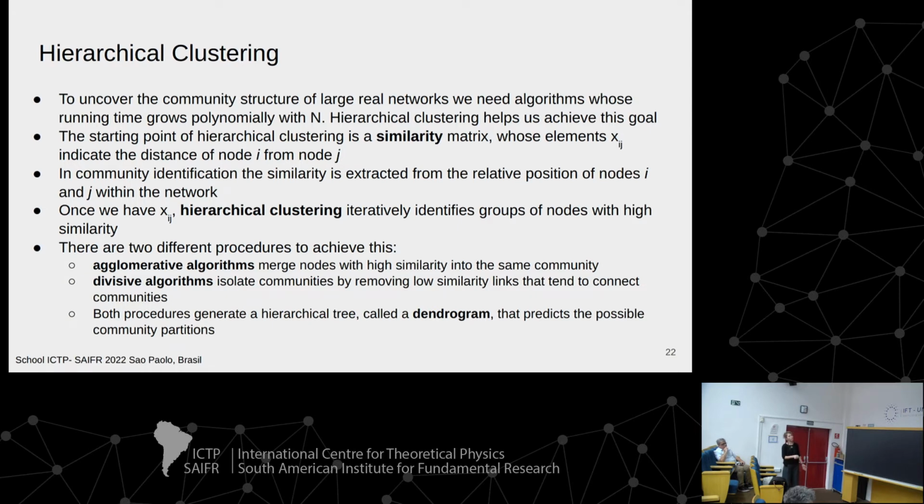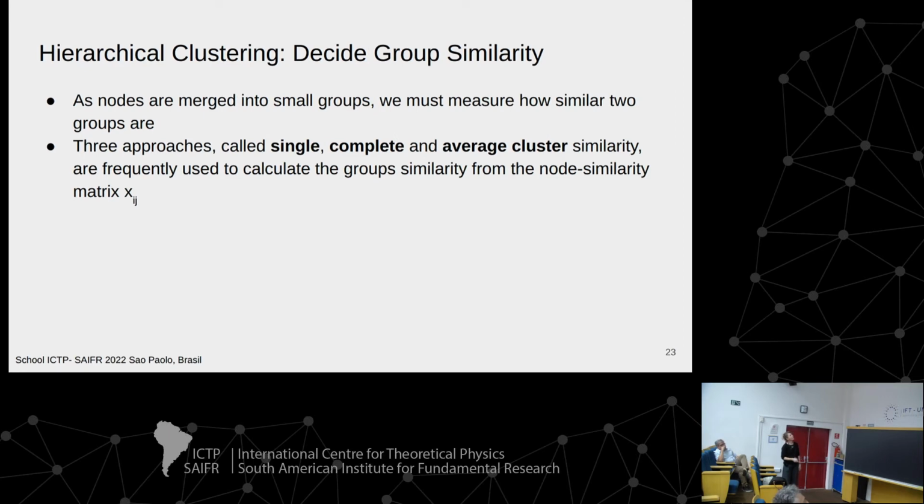So it has to do with the name straight away. Agglomerative algorithms merge the nodes that have high similarities and put them in the same group, okay? And divisive algorithms isolate communities, yes, by removing low similarities between the nodes, okay? What they do is generate hierarchical trees, okay?